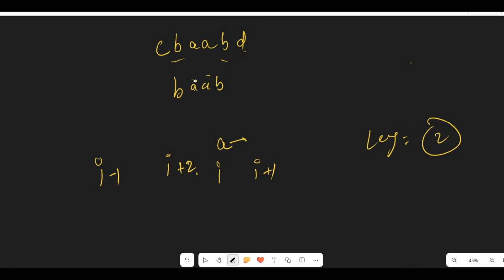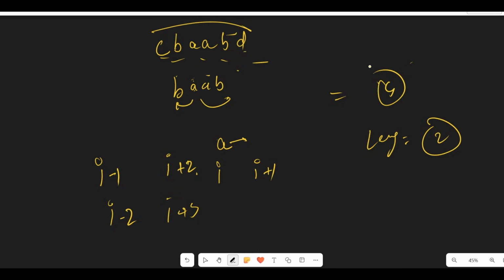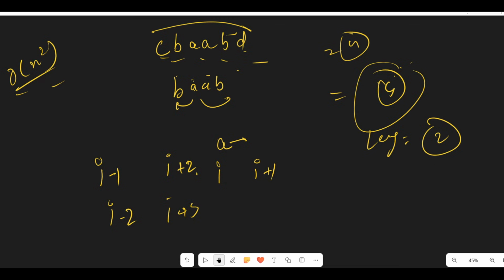I minus 1 is B and i plus 2 is again B. So again it is the same, and the maximum length of the palindrome will be 4. Now we will again check with i minus 2 and i plus 3. If you see here, they are not matching, so the maximum length from this palindrome is 4. This approach we will be using for the order of n square solution. This way we can get the solution in order of n square.